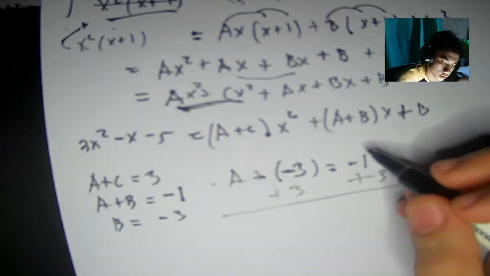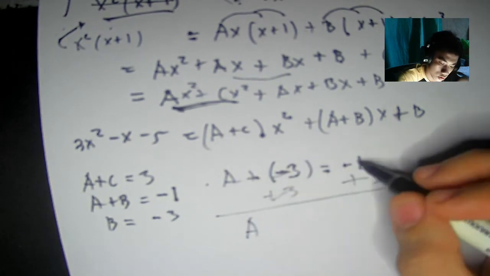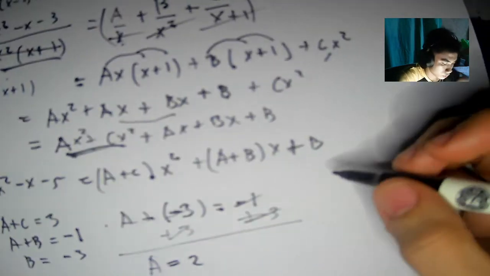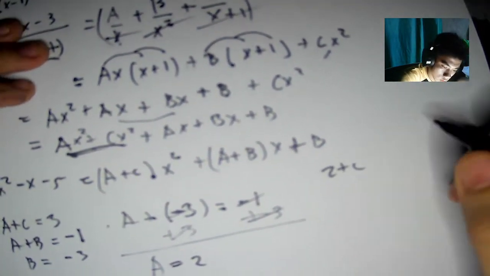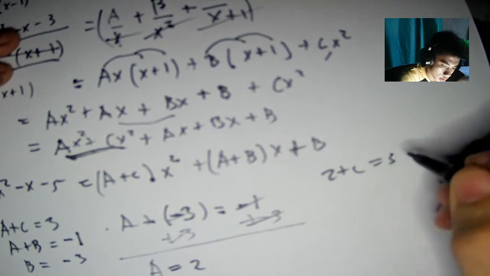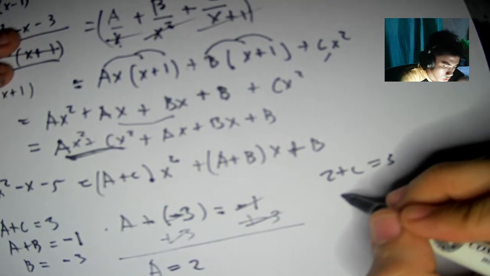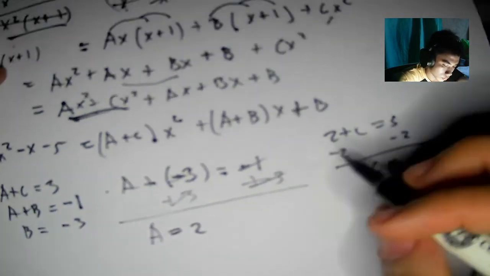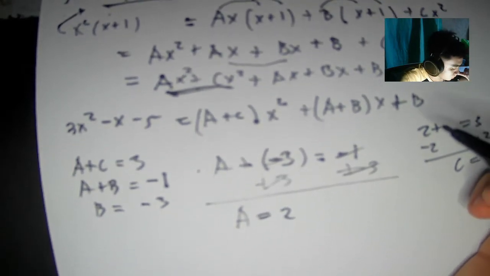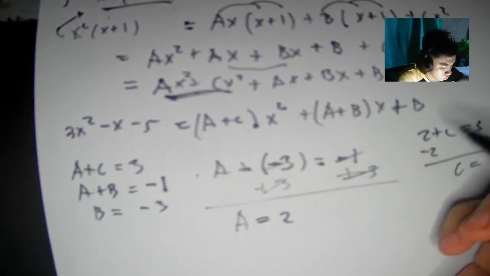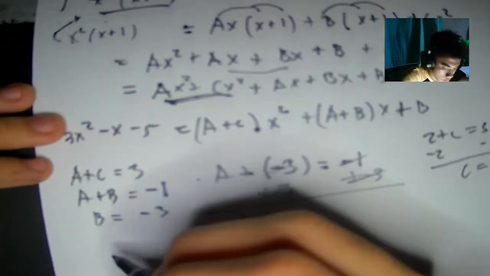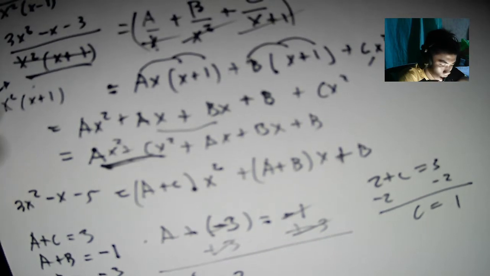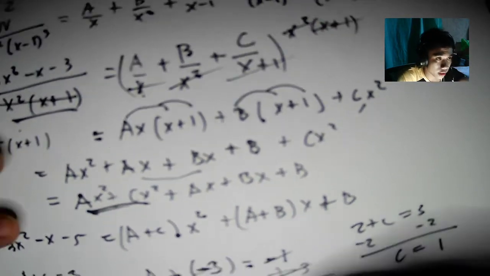So we cancel this 2, plus what? 2. And 2 plus c equals 3. So negative 2, negative 2. So c equals 1. So what is our next move here? So we'll have the a value, right?